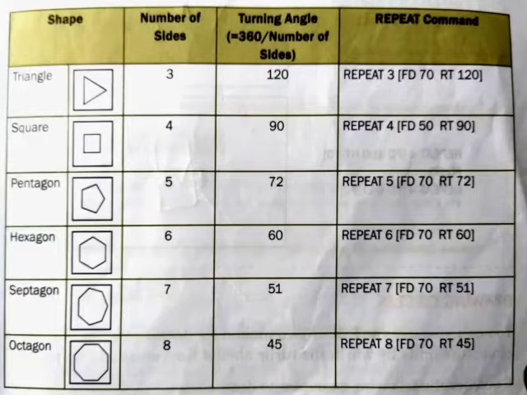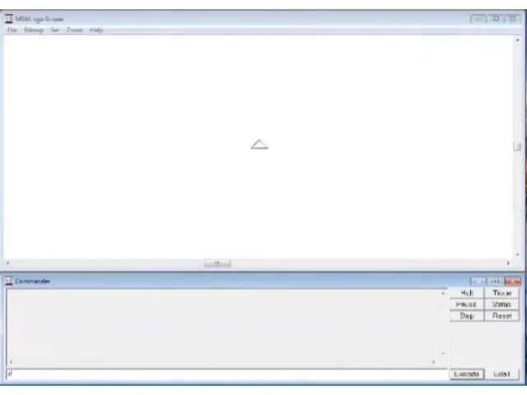Here you can see square, pentagon, hexagon, septagon and octagon, and repeat command of those shapes. Now to draw a triangle we will write repeat 3 FD 70 RT 120. Our triangle is ready.